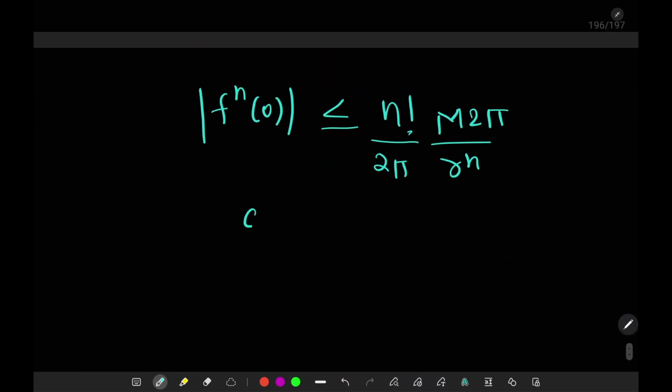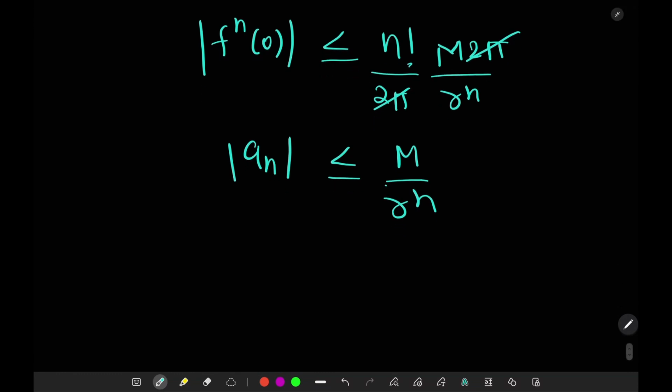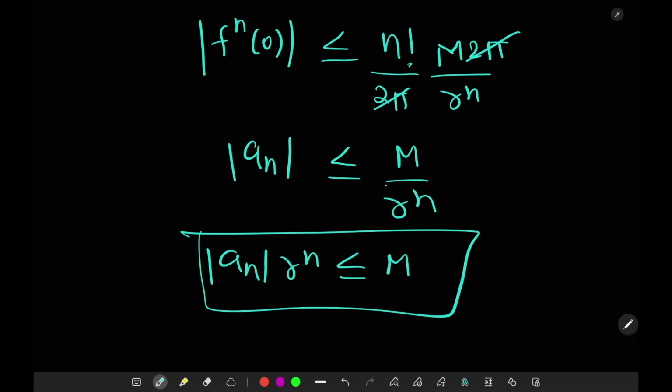So we put the value of this here, we get this value, and this 2 pi is cancelled out by this 2 pi, so we get this value. And we can multiply both sides by r raised to power n, we get this, hence proved.